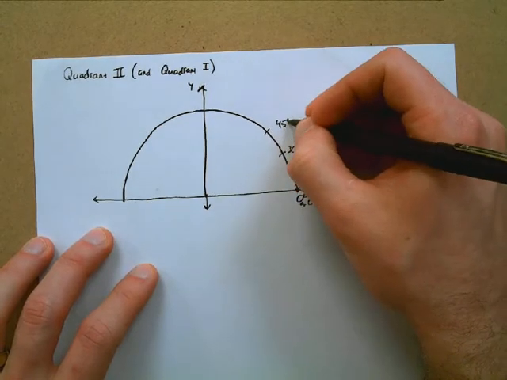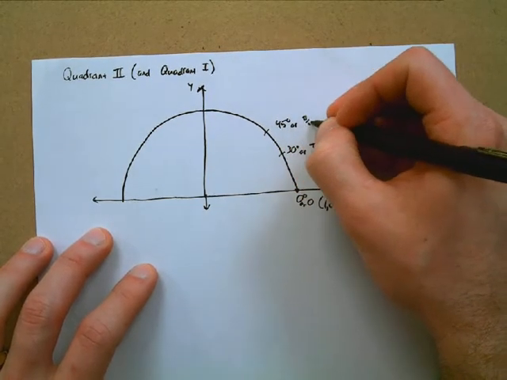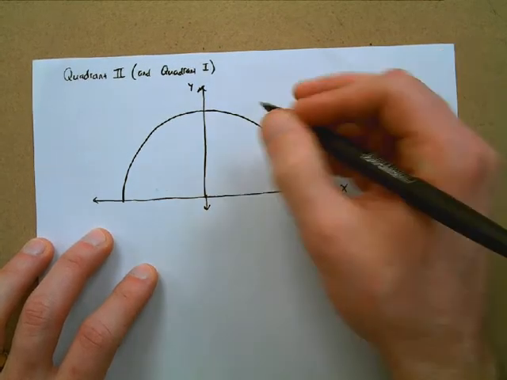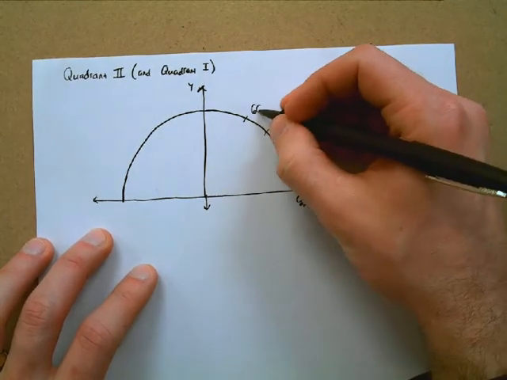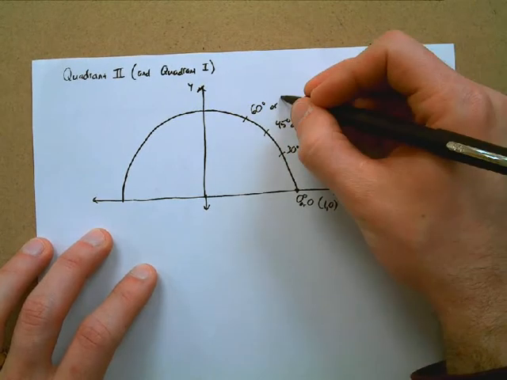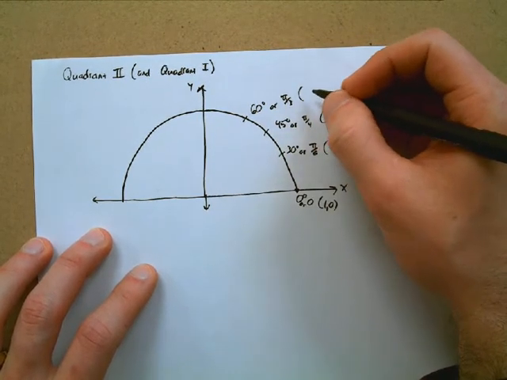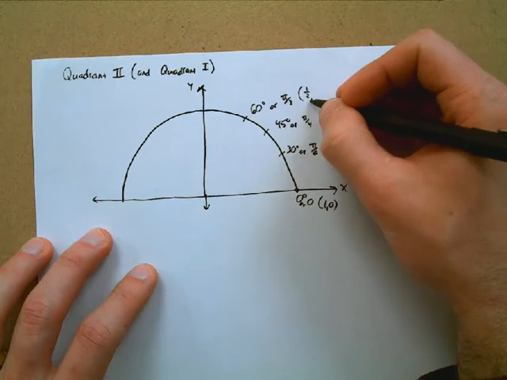Whew. Okay, so there's that first quadrant. Second quadrant, we got other angles here. For example, the second quadrant goes all the way around to 180 degrees, or pi radians. And then we have these second quadrant angles.